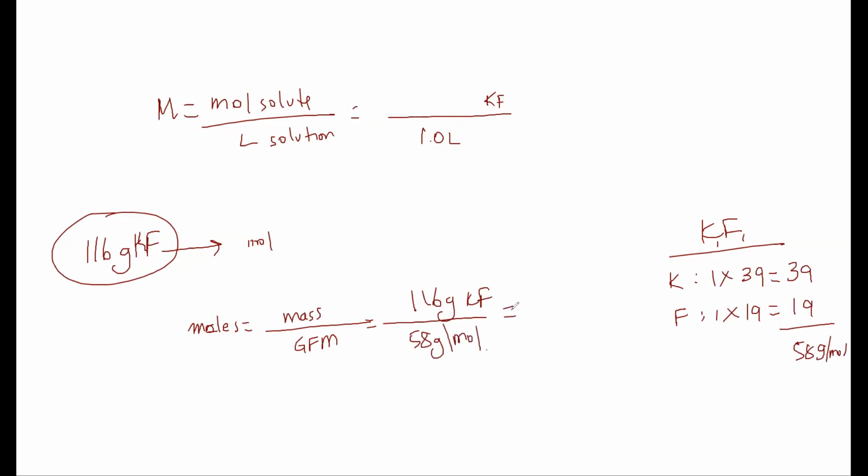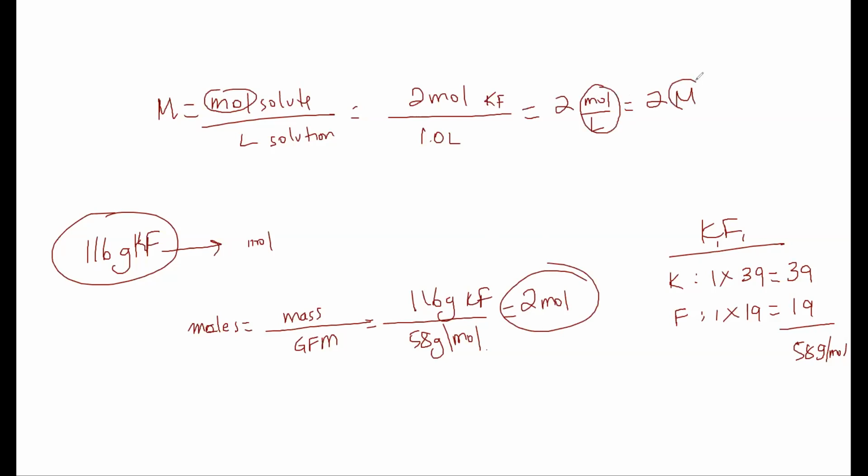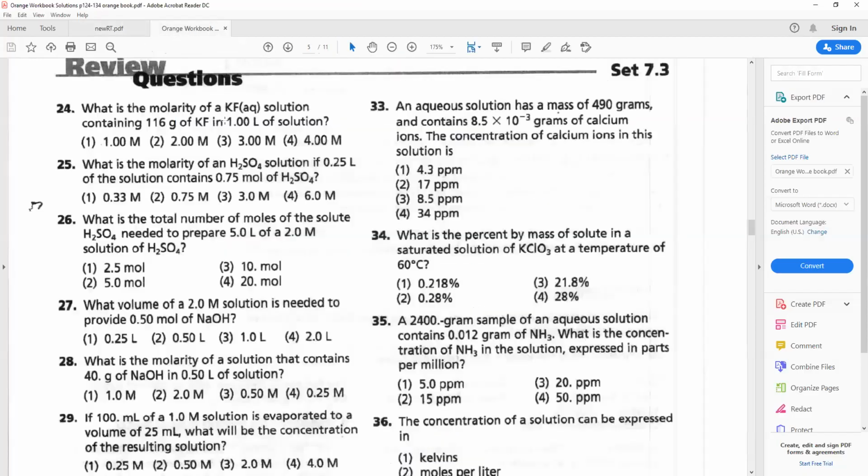When I divide 116 divided by 58, I get 2 moles. I got the moles. Where will the moles go? They're going to go over here. So 2 moles divided by 1 liter is 2 moles per liter, which is equal to molarity, or 2 molar. So we're going to go back to our question and write that the answer is 2 molar.